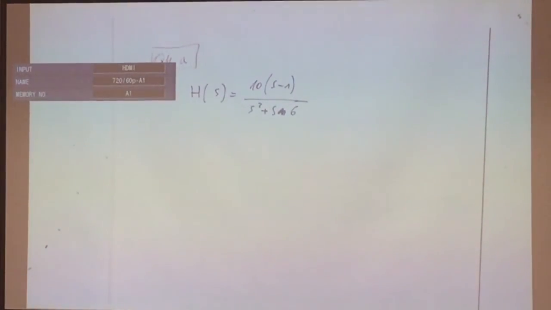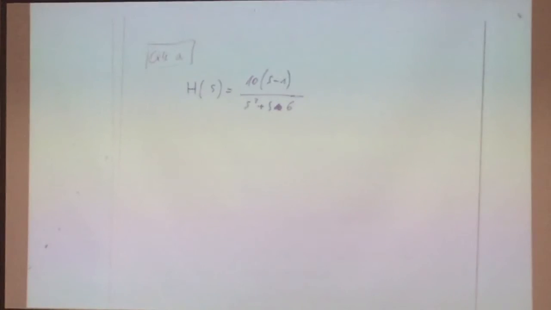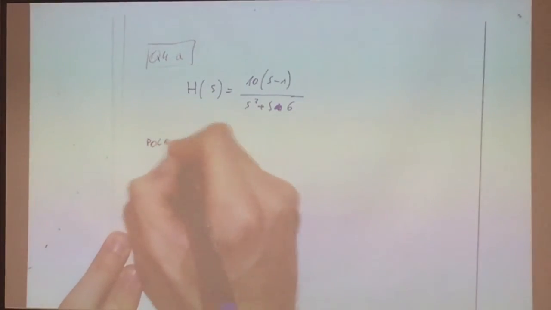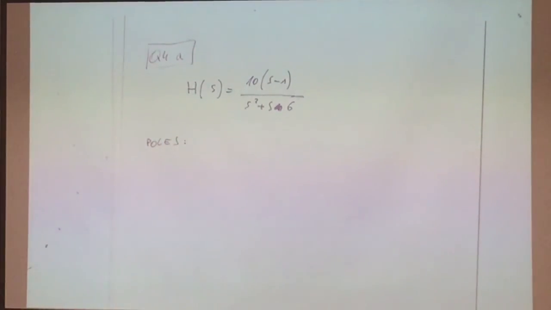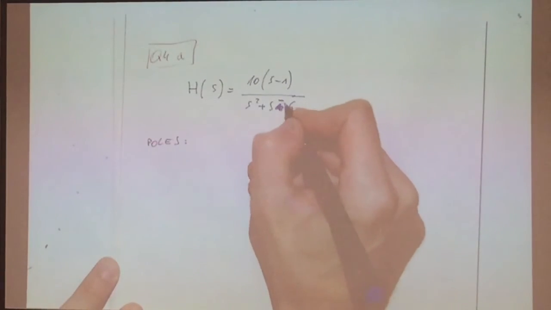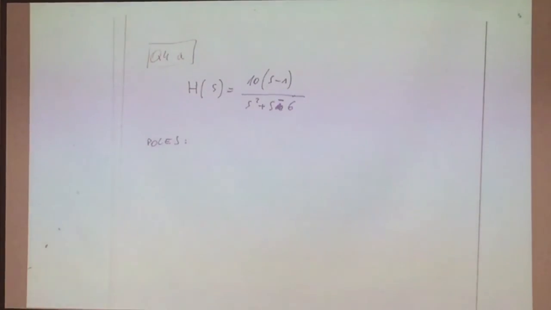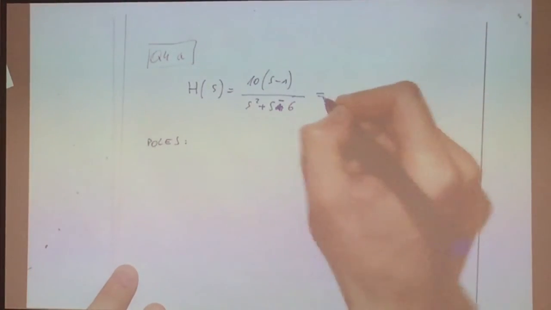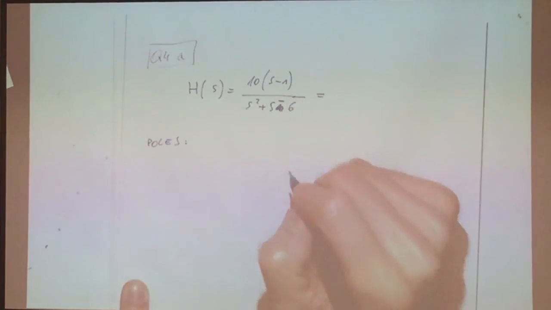Okay, so this is about pole-zero matching. When you want to do the conversion with pole-zero matching, the first thing you need to do is to find the poles and to find the zeros, right? So let's start from the poles. What are the poles of this transfer function? Well, it's difficult to see from here. You need to decompose the denominator, right?